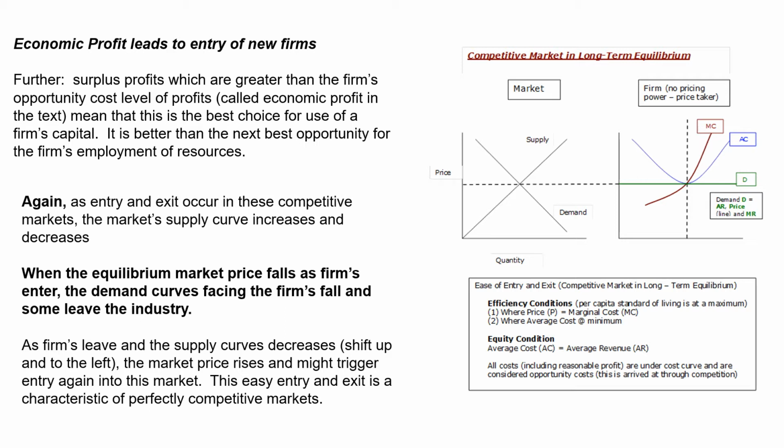And the counter to that is that when you have complete market saturation, you may reach the point where the price falls and people leave the market, if you will. And so that shifts the supply curve again back to the left. We start back up again with the same idea.